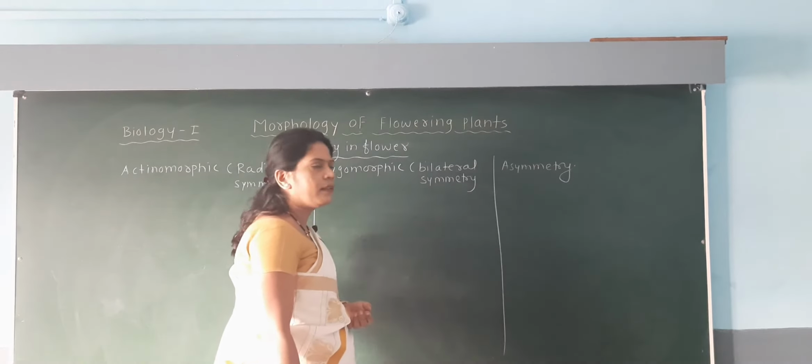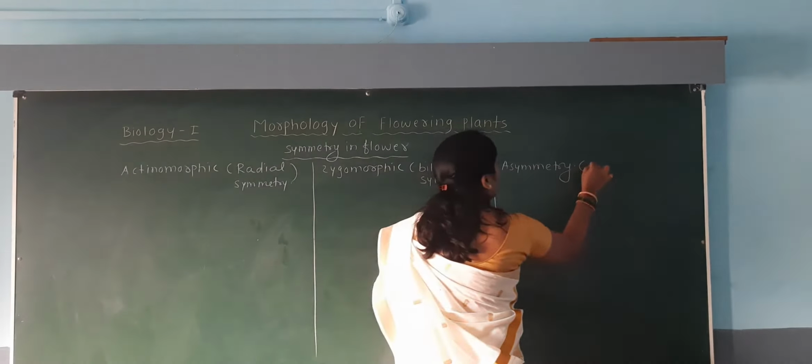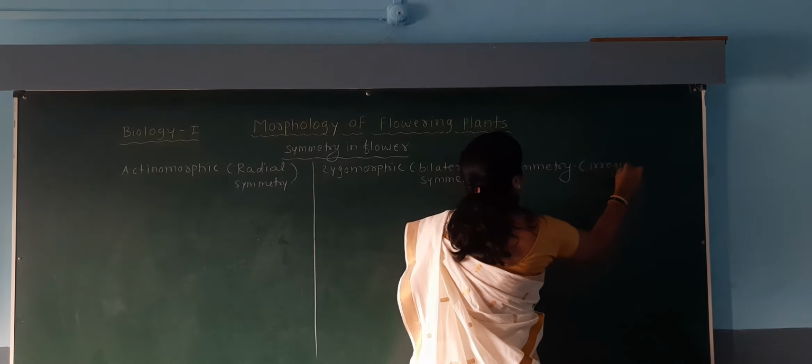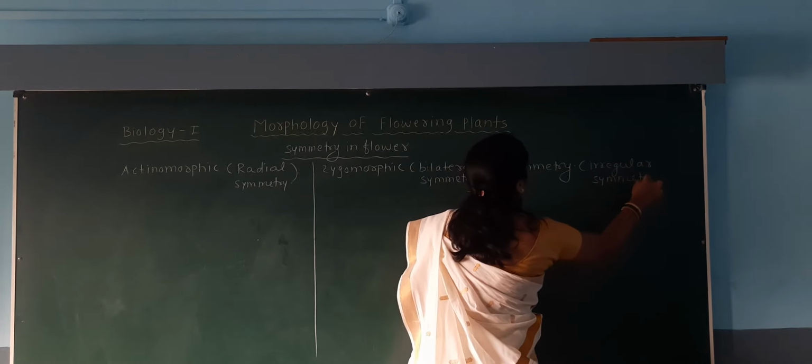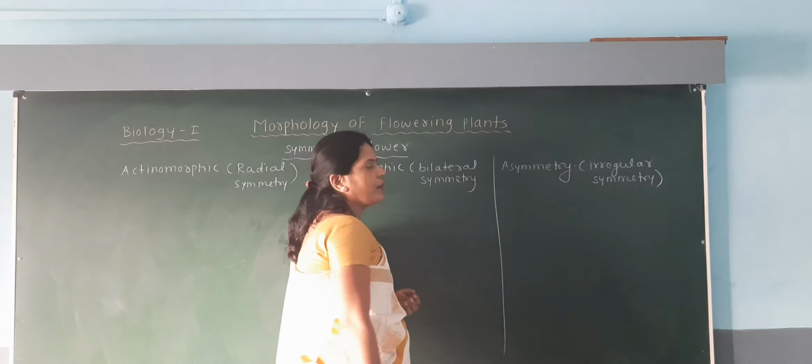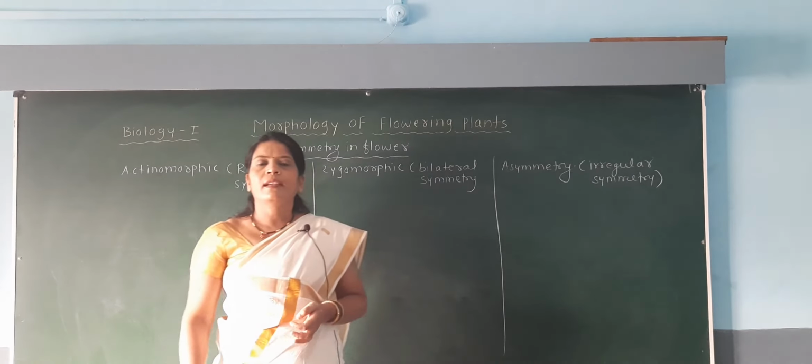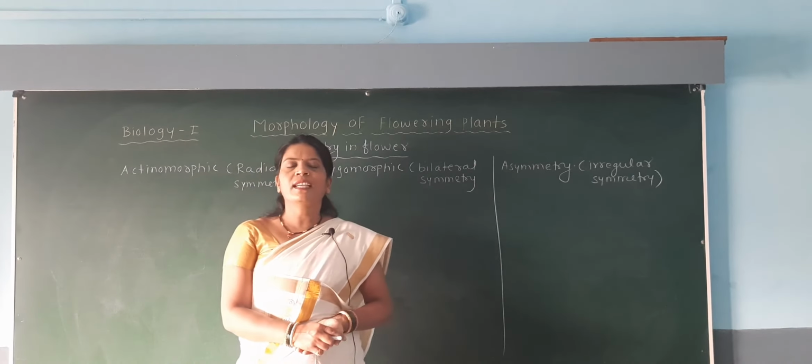And there is asymmetry, which is also called irregular symmetry.